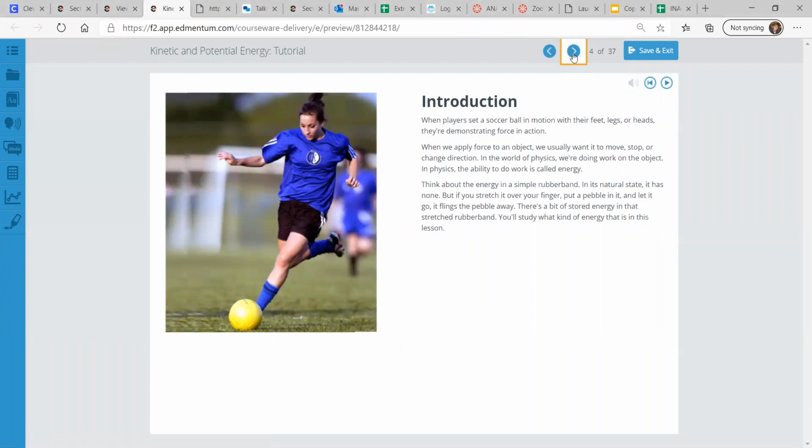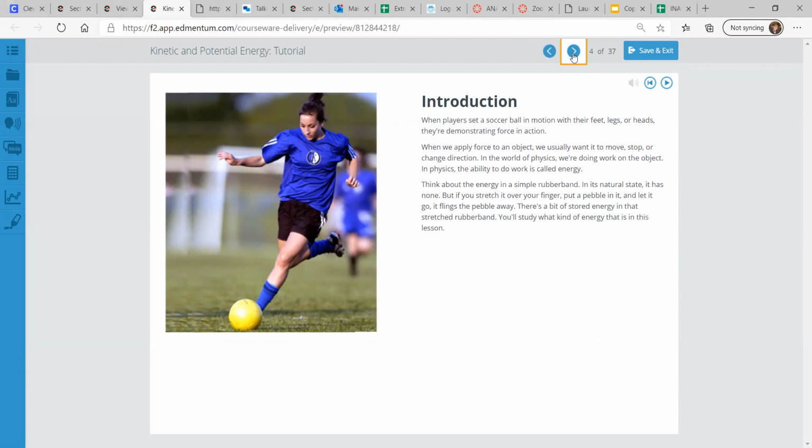For the introduction into this lesson, we are told that when players set a soccer ball in motion with their feet, legs, or heads, they're demonstrating force in action. When we apply a force to an object, we usually want it to move, stop, or change direction.